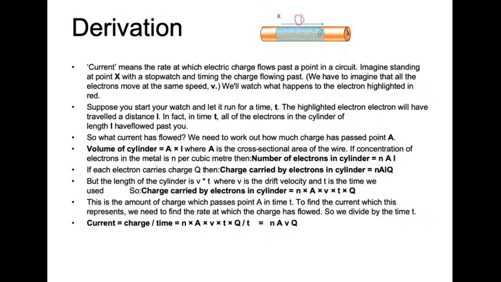When we started, these were the first ones to pass by point X. As time goes, we're getting more and more of these electrons. The highlighted electron has traveled a distance L. In fact, in the time t, all of the electrons of the cylinder of length L have flowed past you. So anything within this length of the cylinder has already flowed past me.